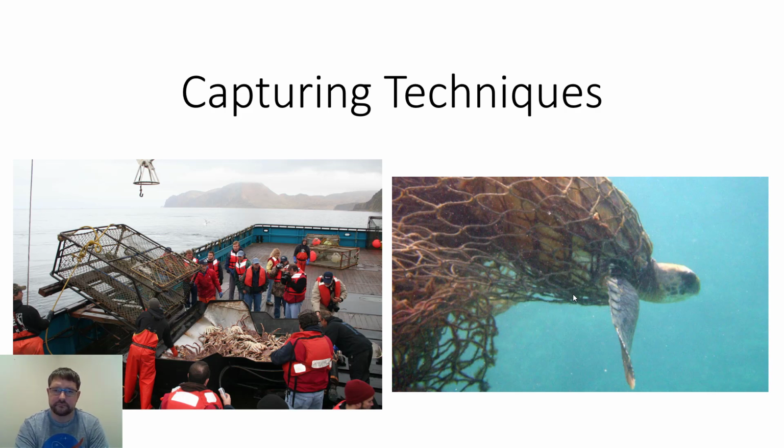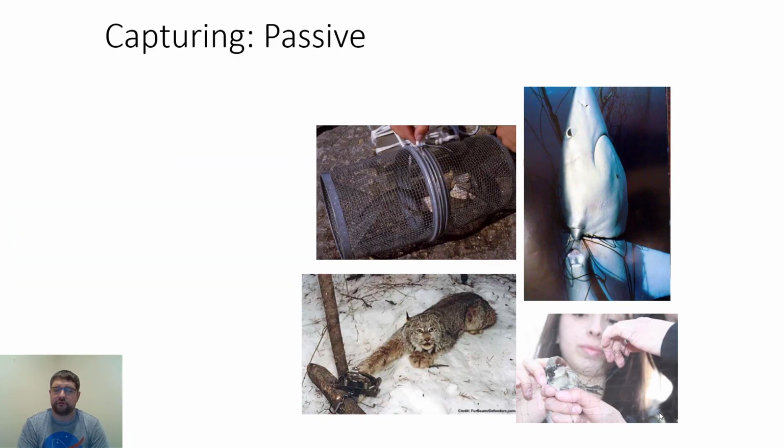Okay, so first off, I want to talk about a couple things. There are two types of capturing techniques, two broad categories. One in which we call passive techniques. A passive technique is a sit and wait technique. Okay, so you put something out there. Sometimes it's baited.